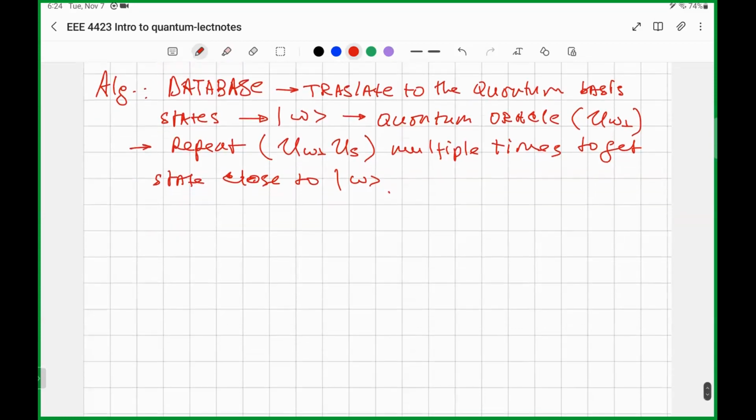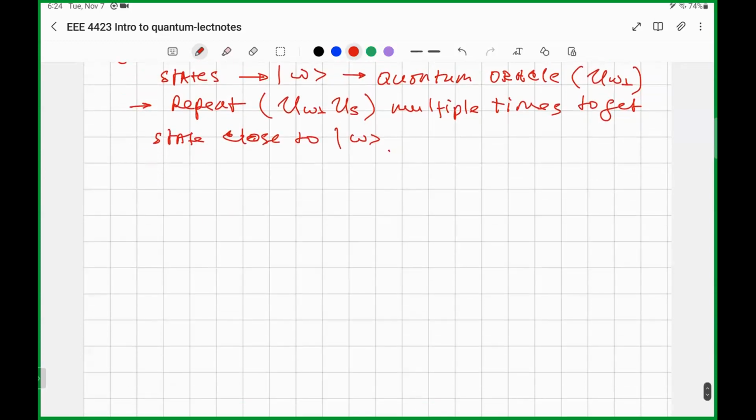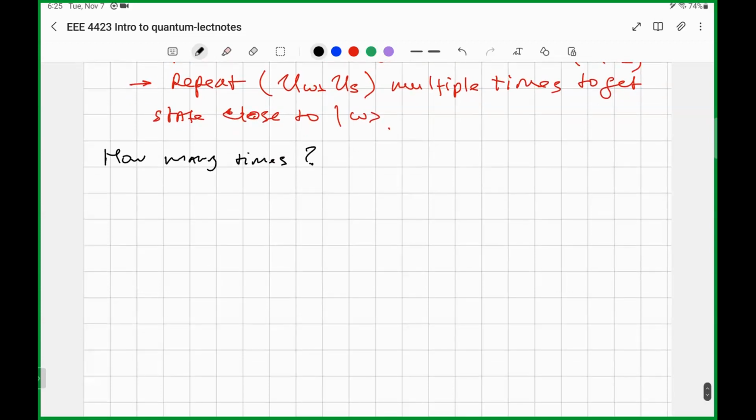Okay, so let us estimate this. How many times to repeat this Grover's iteration.